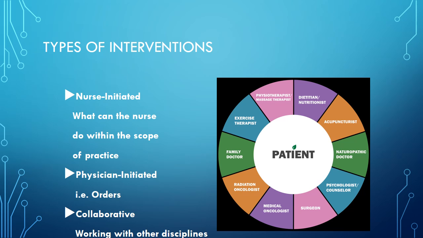So we can, for example, monitor vital signs without anyone telling us to do that. We can teach our patient. We can provide physical care. Nurse initiated, what we can do within our scope of practice.